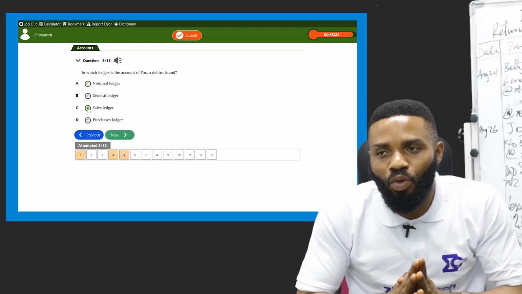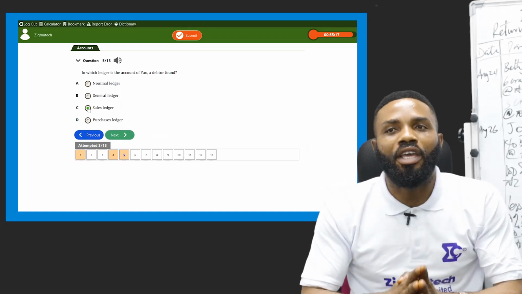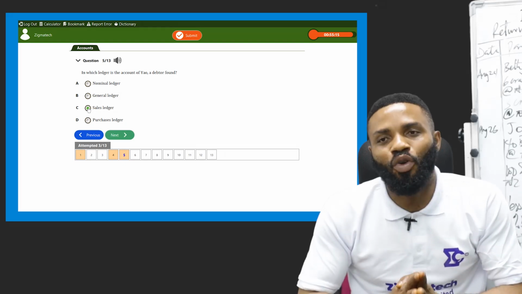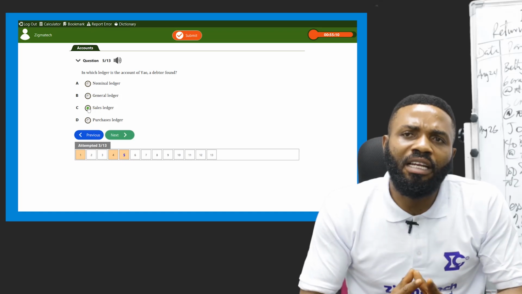The goods you have sold out, by the time your customers return the goods back to you, it will affect the goods that you have sold out to your customers. And then we're looking at the procedures.